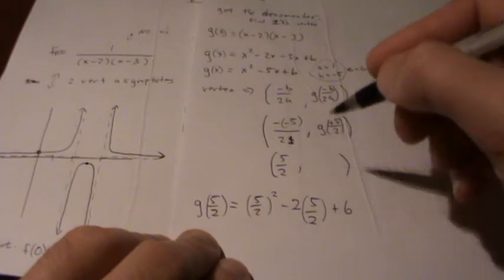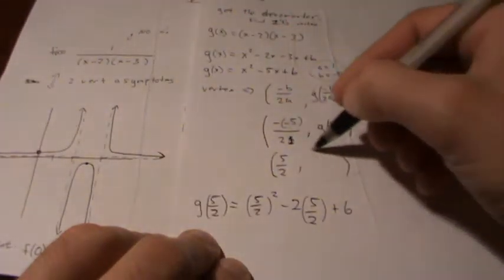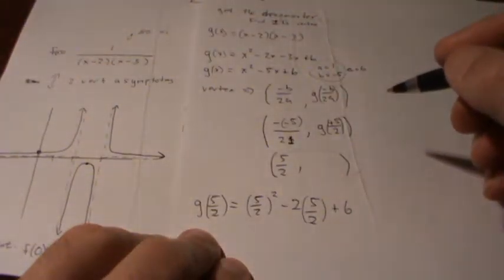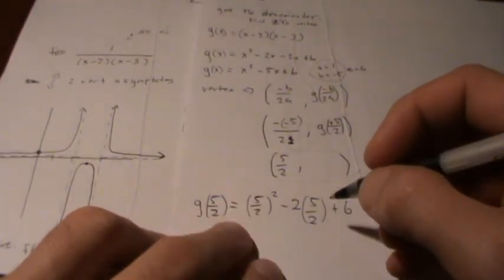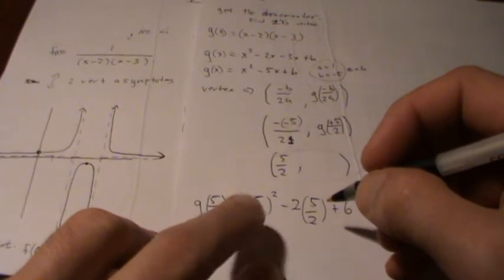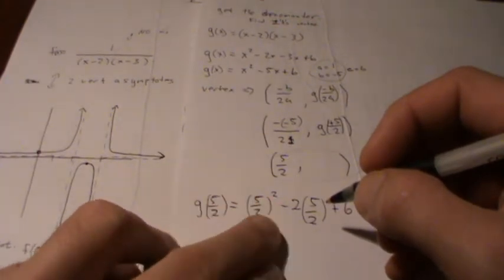Then I'll show you how to get from the vertex to that point. Okay, and so let's see here, g of 5/2.